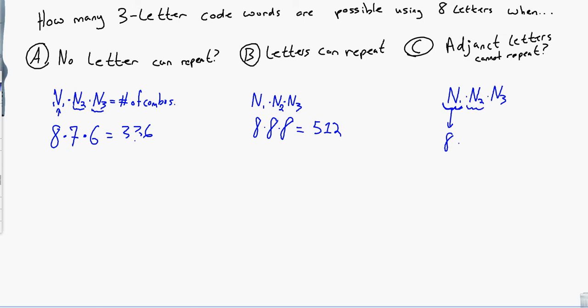So that means we are going to have 7 options available for our second n. Similarly, whatever was chosen for n2 is not going to be available for n3. So that means we are going to have 7 options available for our n3 as well. So 8 times 7 times 7 is going to be 392 combinations.